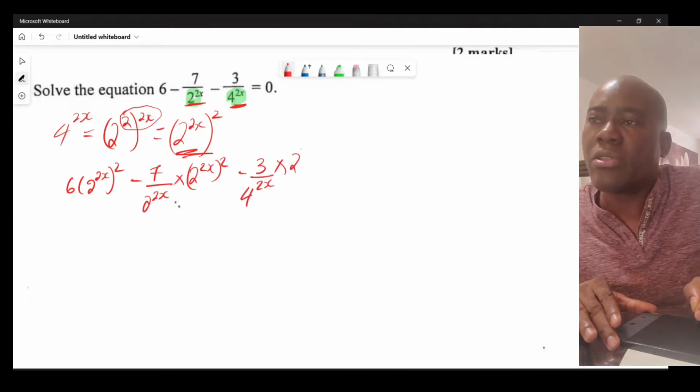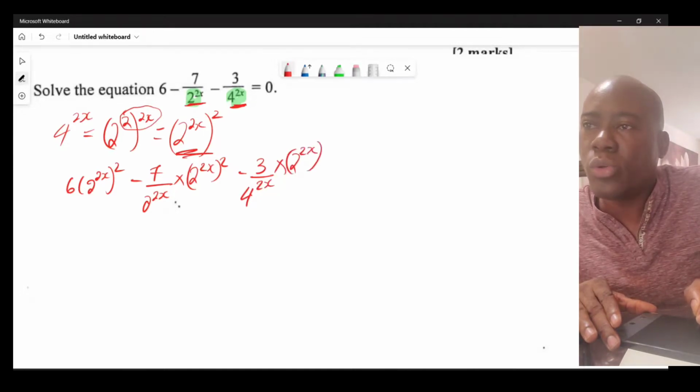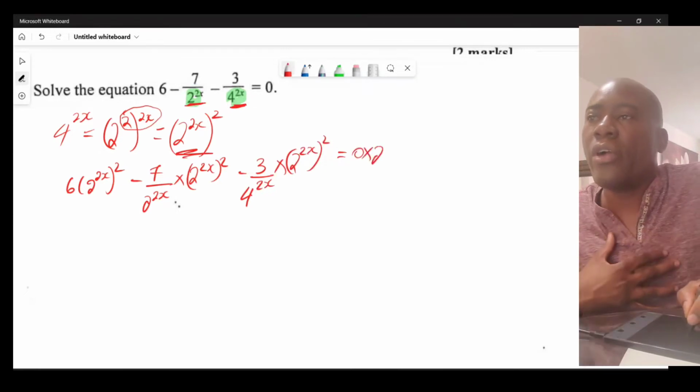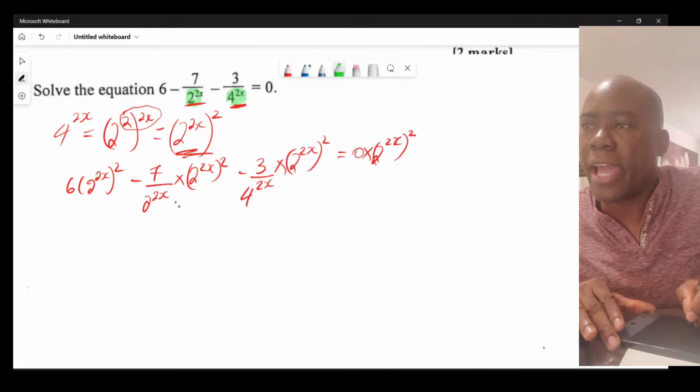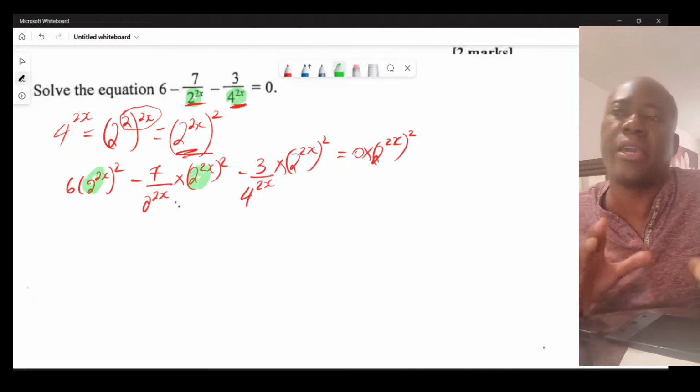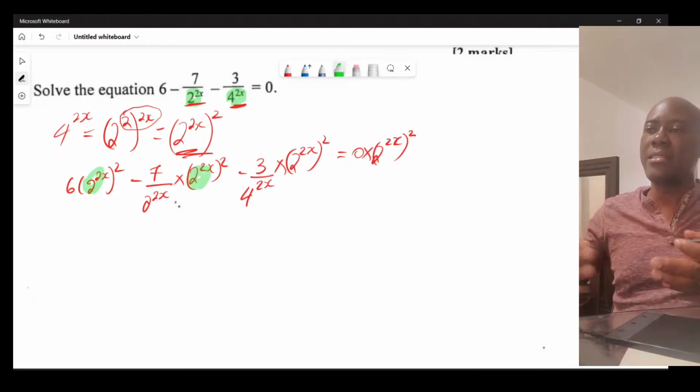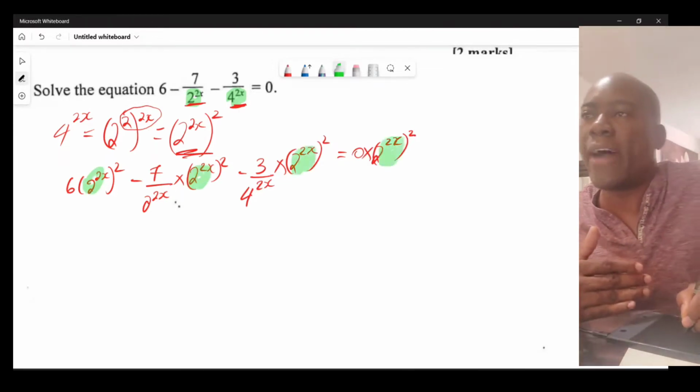And this is equal to 0 times 2 to the 2x squared. So if you notice, everything was multiplied by 2 to the 2x squared. Everything. Now let us simplify these and see what we have.